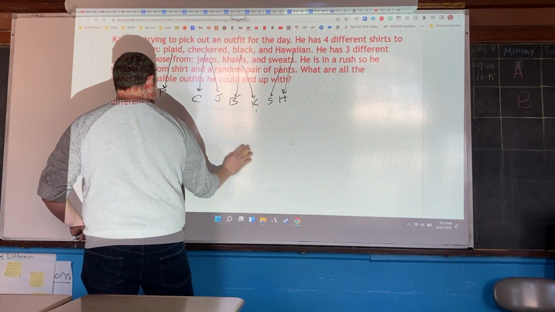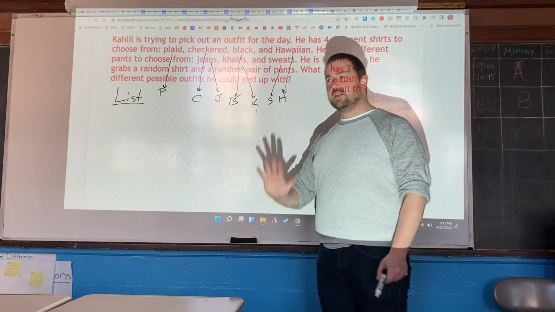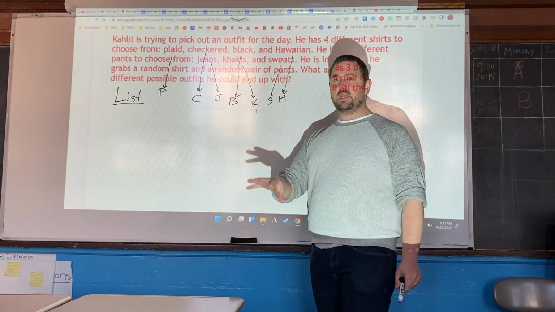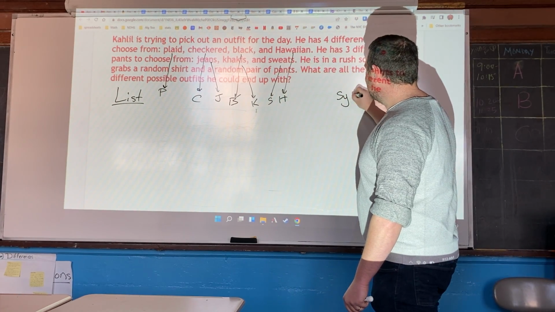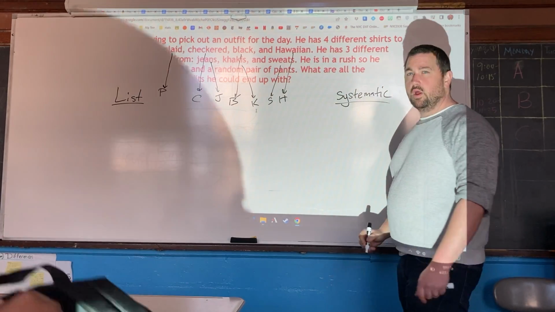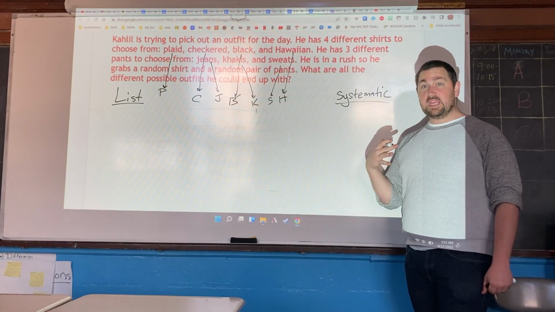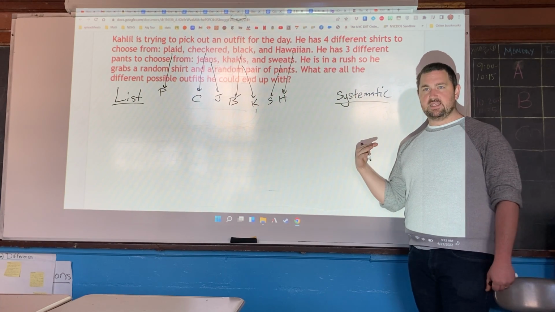And so I want to introduce a word and a concept, and one of the most important things, and one of the reasons why counting is a really great thing for students to engage in, and it's the word systematic. When we list, when we count, we want to be systematic. We want to have a process.